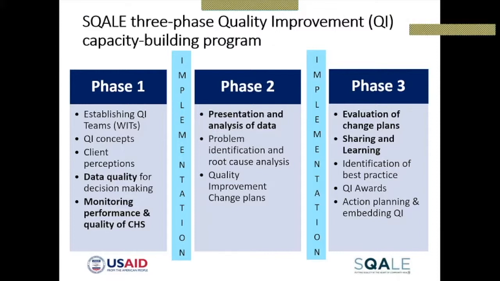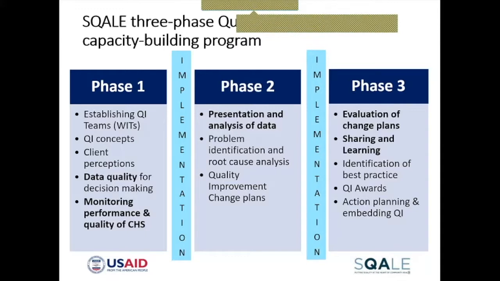So as you can see here, in phase 1, we focused on the basic QI concepts and formulating the teams, and then looked at data quality and asked the team members to bring their own data, use and learn and look at the quality of their data, then go off for a period of about a month to improve their data, such that when they came to phase 2, they would be taught how to present and analyze their data, and then do their problem identification and root cause analysis and come up with change plans.